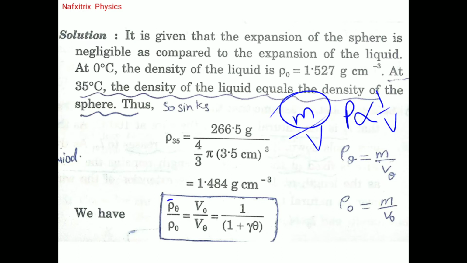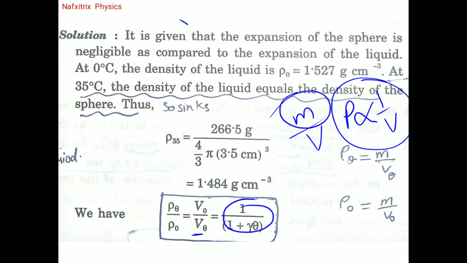So the density of the liquid at some temperature theta, and the density at 0 degree centigrade: rho theta and V theta are inversely proportional, and rho naught and V naught are inversely proportional. Hence we have rho theta by rho naught equals V naught by V theta, and this is nothing but 1 by 1 plus gamma delta T.